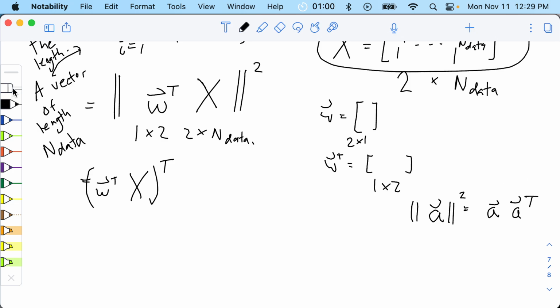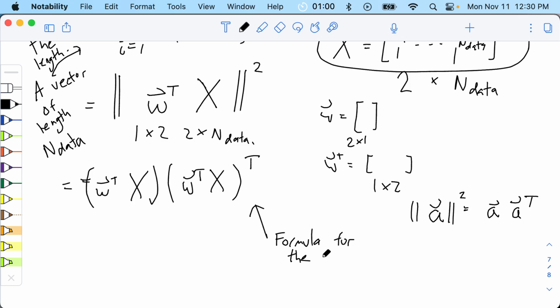So w transpose x times w transpose x, transposed. This is the formula for the length of a row vector.